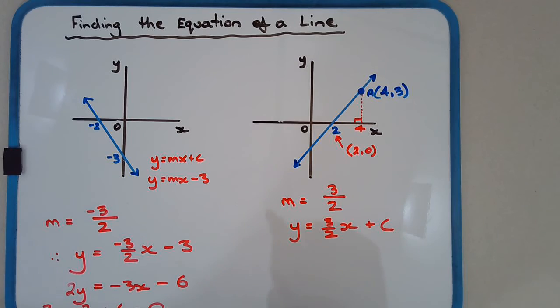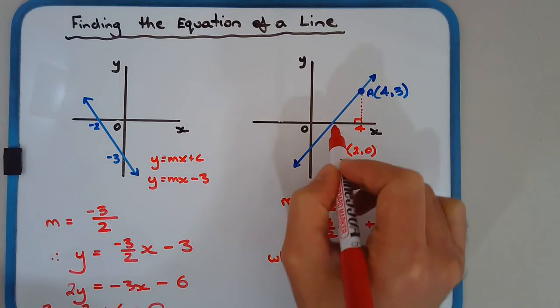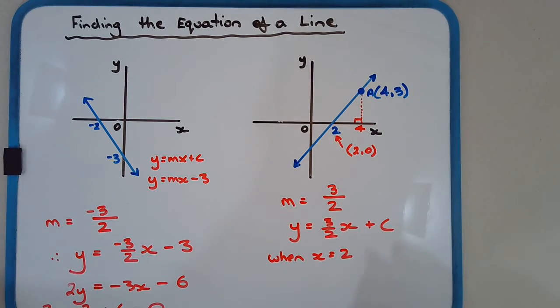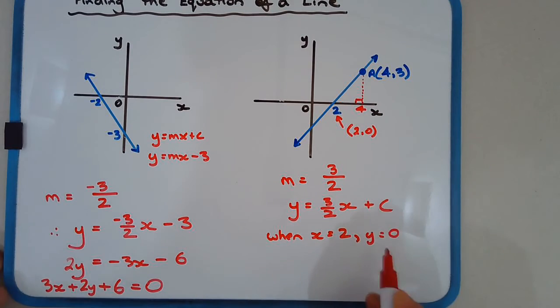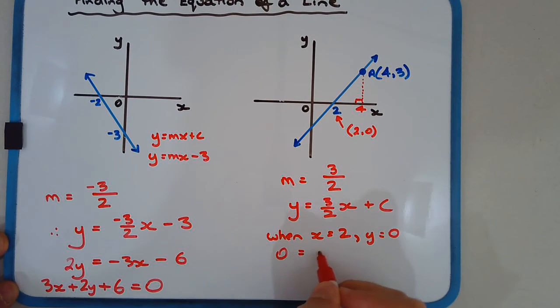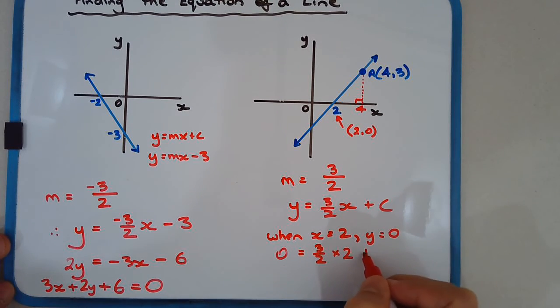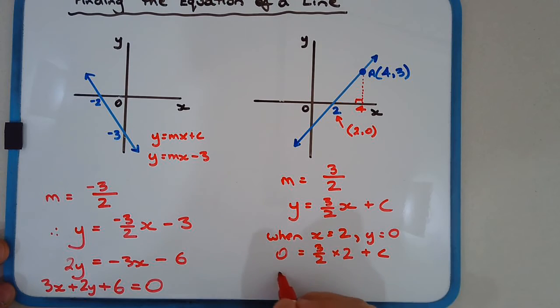In fact, let's do that. So when x equals 2, because the line passes through the x-intercept, when x equals 2, y equals 0. And it satisfies this equation. So 0 is equal to 3 over 2 times 2, so we're substituting in this coordinate into the equation, plus c. 0 is equal to 3 on 2 times 2, so that's just 3 plus c.